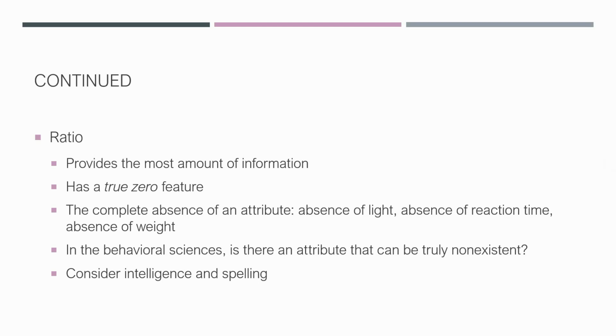For the intelligence example, the author states, can somebody truly have an intelligence of 0, or can there be truly an absence of intelligence? Then the author goes on to state, if any one of us would take an IQ test in Russian, it is very possible that we might get a score of 0, not because we truly don't have any intelligence, but because we could not understand the questions on the IQ test.